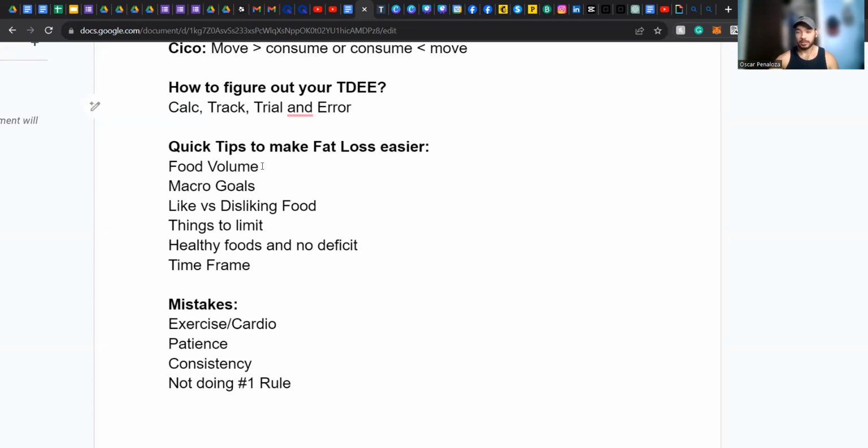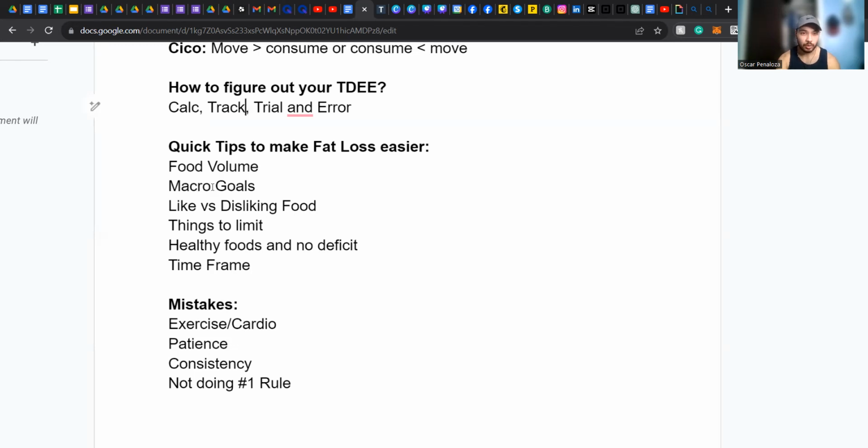Cut up the potato, put it in the oven, bake it, and then you get the chips, right? You could season it and everything. Don't go too crazy with the oils and all that. But you can season it, and there you go. You have your chips at home. Home cooking is the way to go, honestly. It's another tip here. Home cooking, seasoning, great way to lose fat a lot easier.